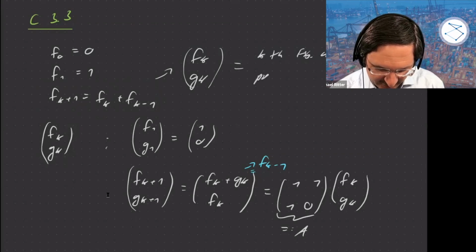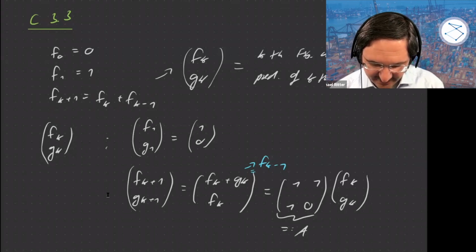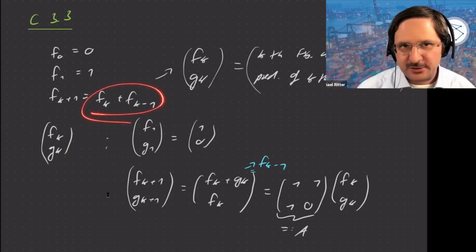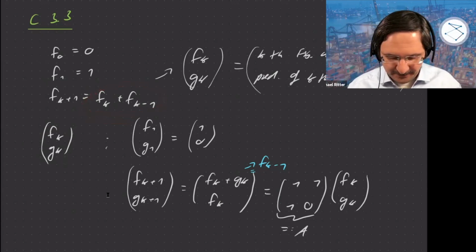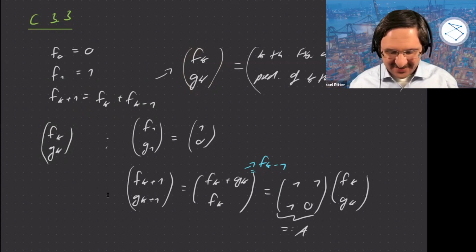And that second coordinate should be the predecessor of the kth Fibonacci number, because that's the information that I need in order to actually model this equation. I want to set it up in that way, right? So that's why I define my FK, GK in that way and then hope that I can actually make this work.